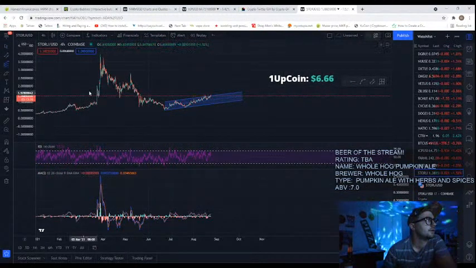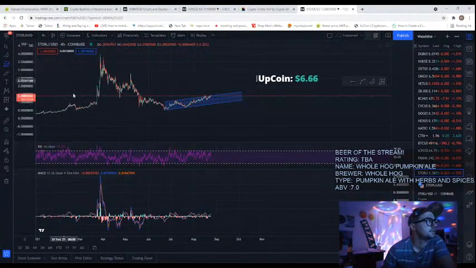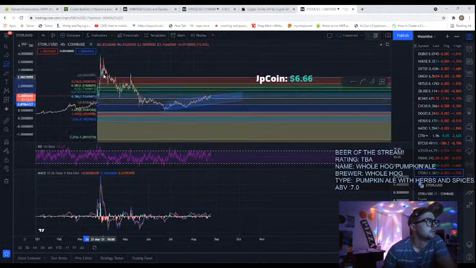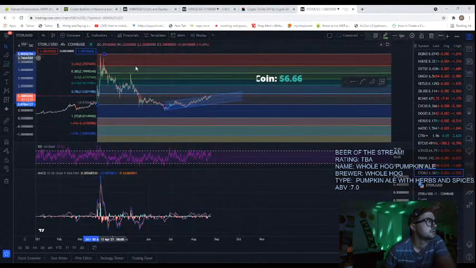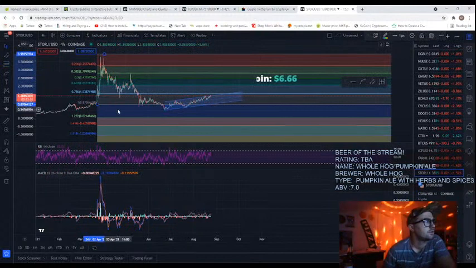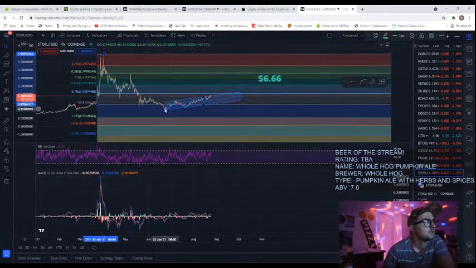You can draw your fib channels, your fib retracements, your fib extensions, swing high to swing low, or swing low to swing high. You came down in the 1.272 zone, and you're consolidating upwards.